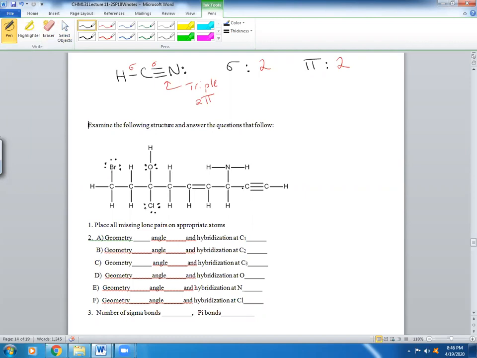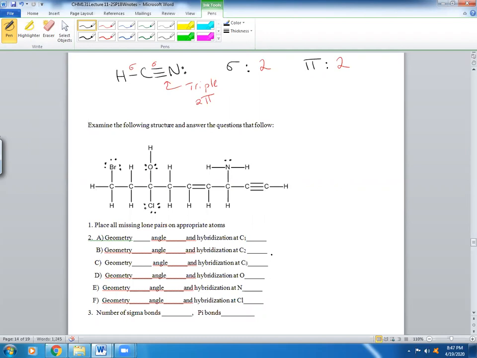Same thing here. But this N is not happy. This N has 2, 4, 6. So how many lone pairs? 2 more. Otherwise, everything else is fine. This carbon has 8, that carbon has 8, etc.